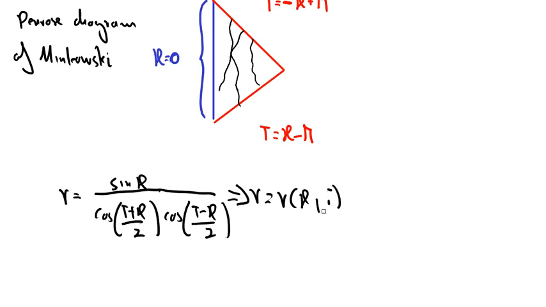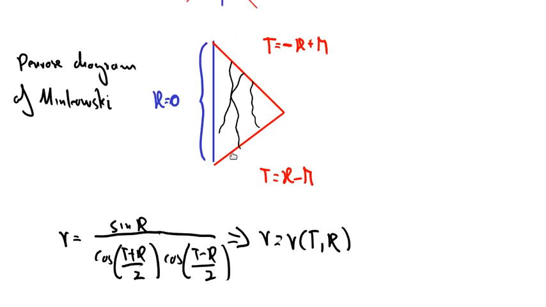Let me put t first and r later. So we can compute explicitly the limit of this function when capital T and capital R approach this boundary.